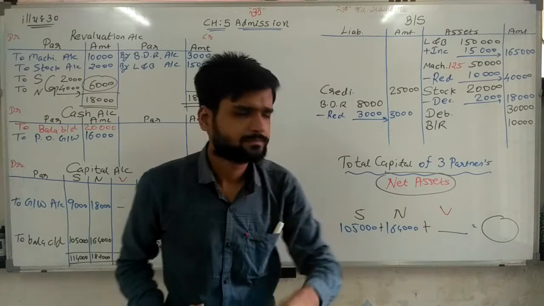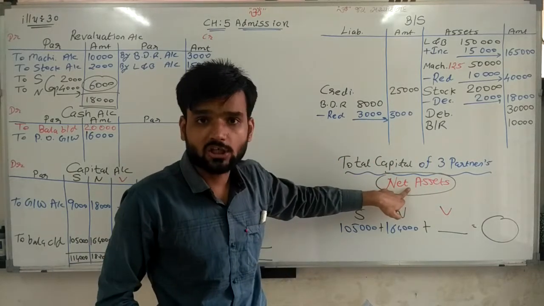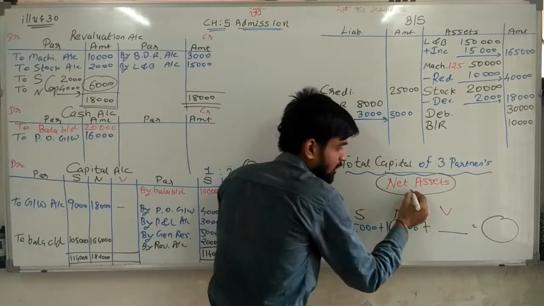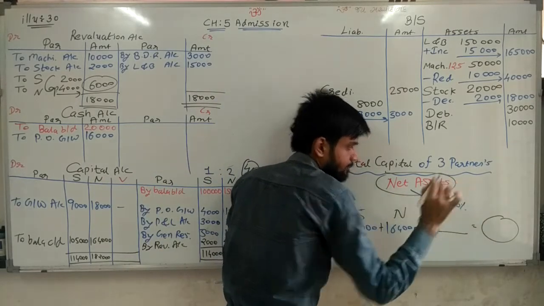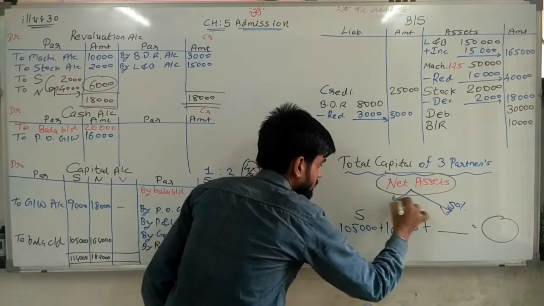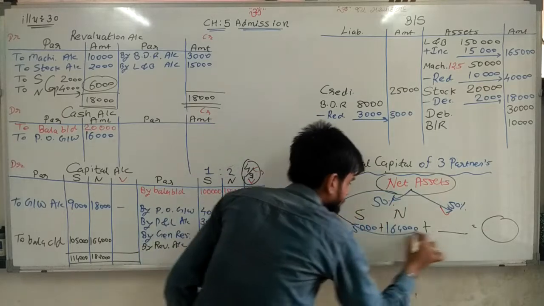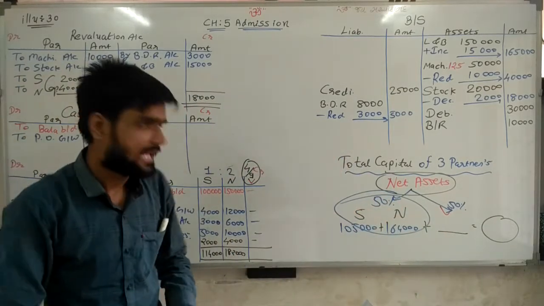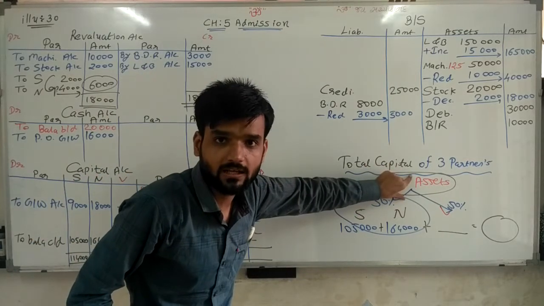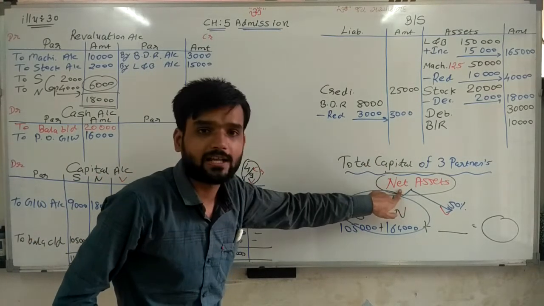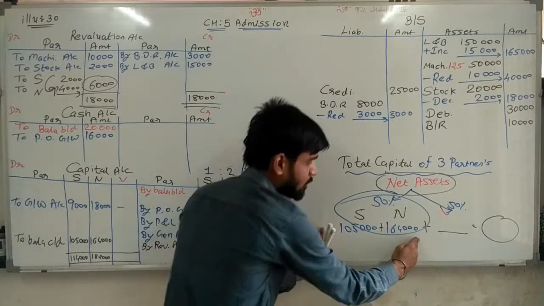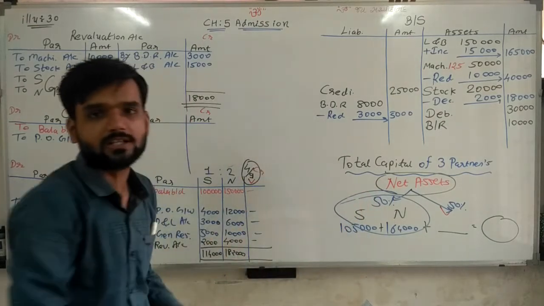Now think what is given. 50% of net asset is brought by V. It means the remaining 50% is the capital of S and N, because from the total net asset, 50% is V's. The remaining amount is also 50%.